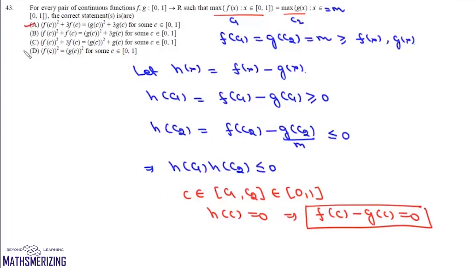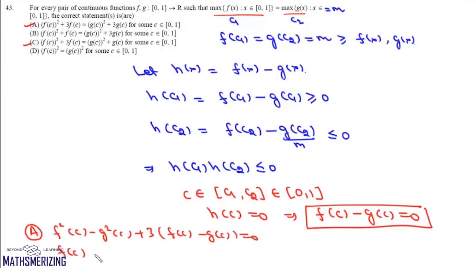Now if we look at these options, we can write this A as f square c minus g square c plus 3 f(c) minus g(c) equals 0, which is (f(c) minus g(c)) into (f(c) plus g(c) plus 3) equals 0.